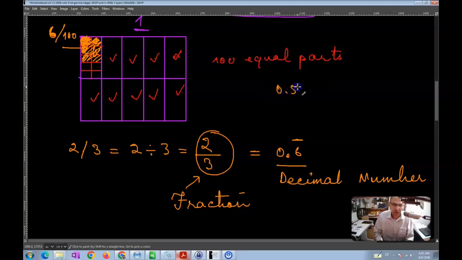If I write 0.5, this is the same thing as a half, half of 1. 0.6 is a little bit larger than 0.5, but it's still smaller than 1, because in the ones place value you have a 0, and in the 1/10 place value you have a 6, which means that it's 6/10. And when you have a fraction like this, you can write it as a decimal number as well, which we will discuss later on when we make this a little bit more advanced.